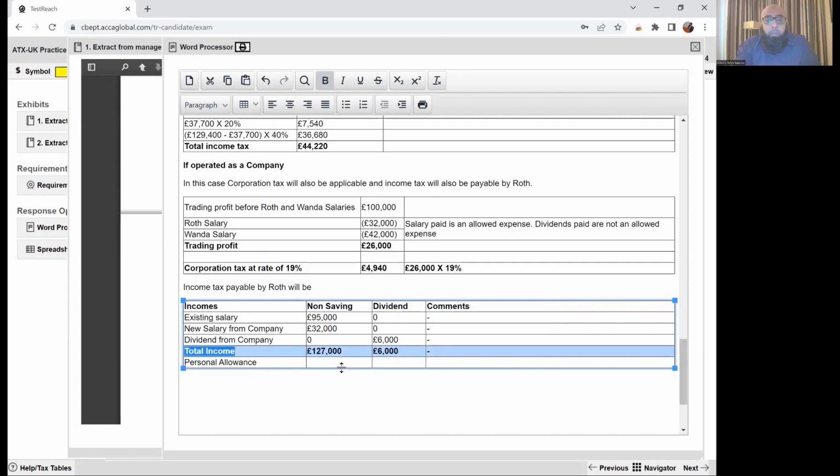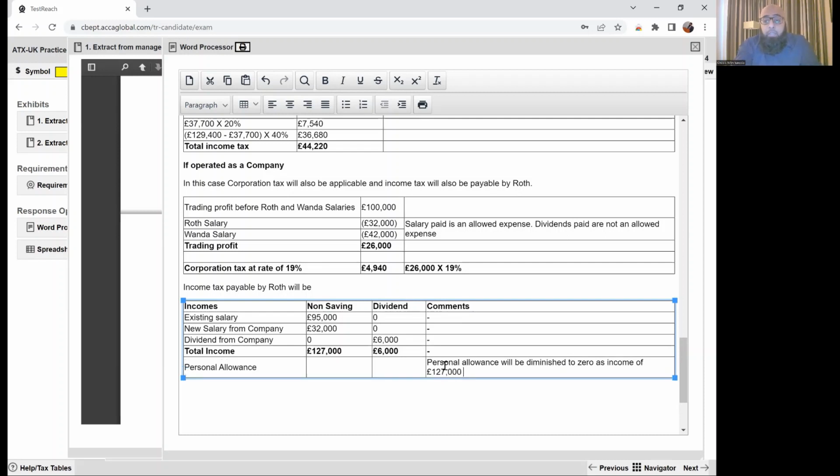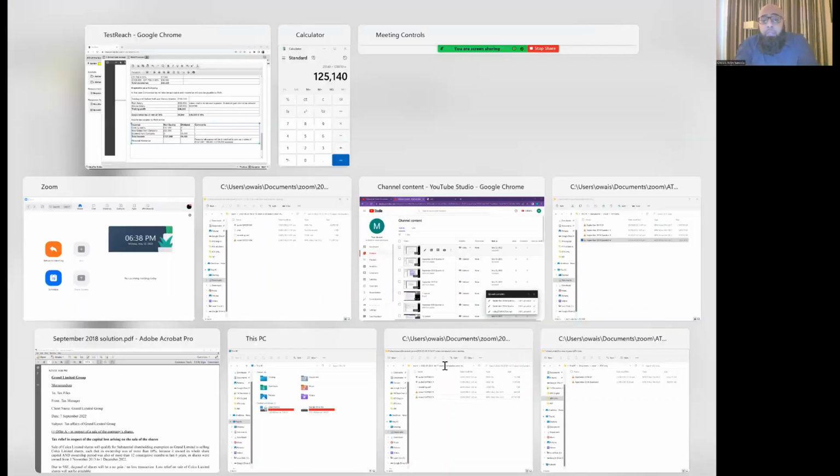Now, what about the personal allowance? Obviously, again, the personal allowance will be diminished to 0, as income of 127,000 plus 6,000, which is 133,000, exceeds the limit. Do you remember? 12,570 is your personal allowance.